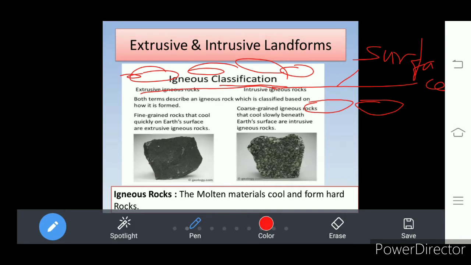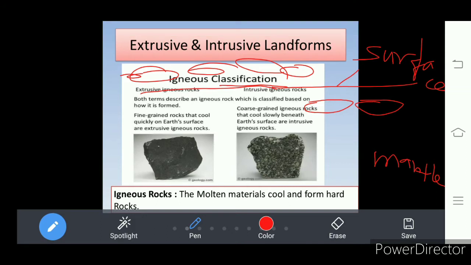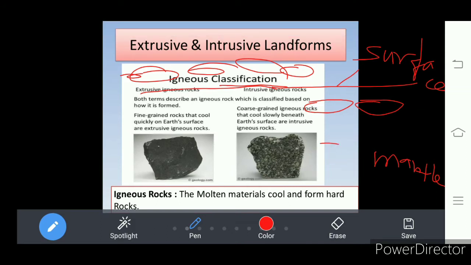See, some part of lava, while coming out from the mantle, may not reach the earth surface. What I am showing here is the mantle. The mantle consists of molten material, right? And that is very hot.